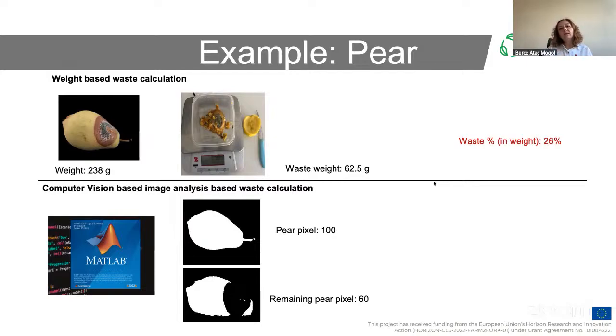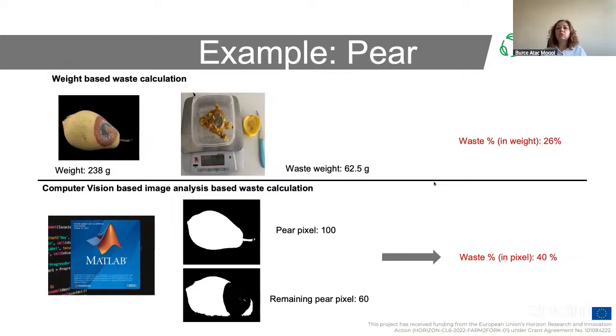And now let's say the remaining pear pixel is 60. So 40 pixels have already gone bad. It's just an estimation, a calculation based on the image analysis. And then we calculate the waste percentage in pixels. So it corresponds to 40%. It cannot be one-to-one, so we cannot find 26% from this image.